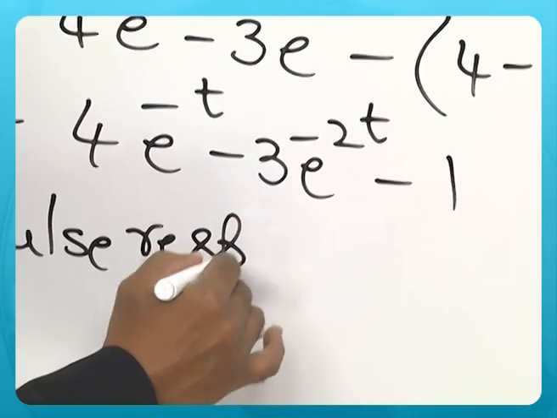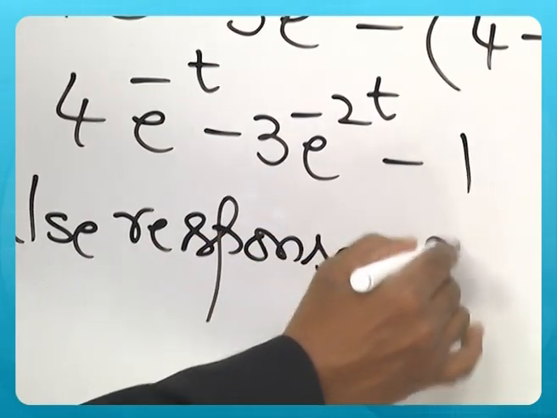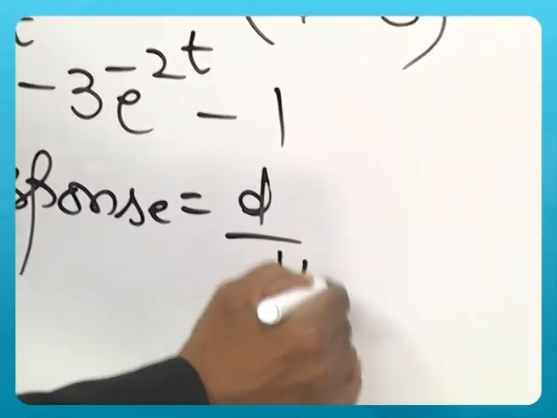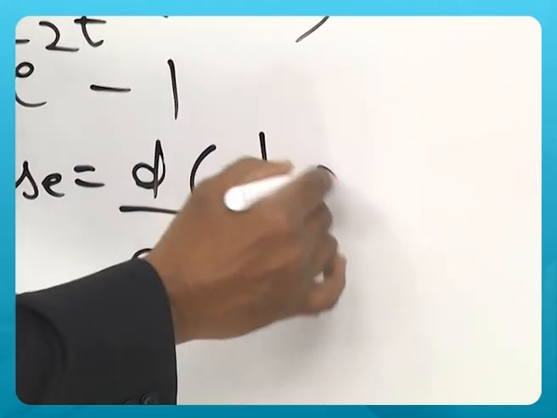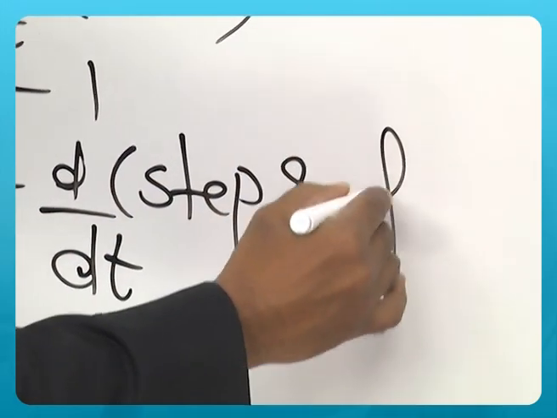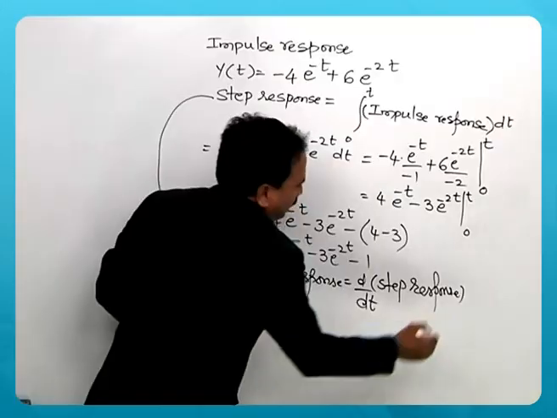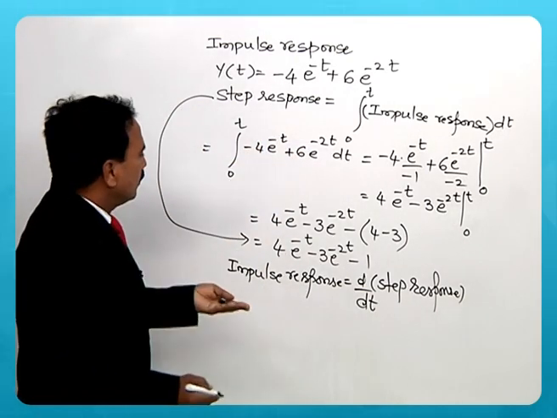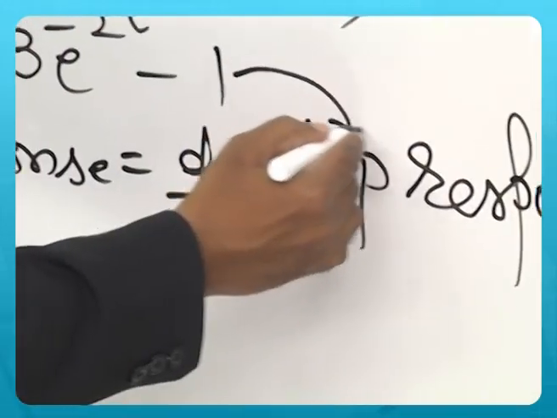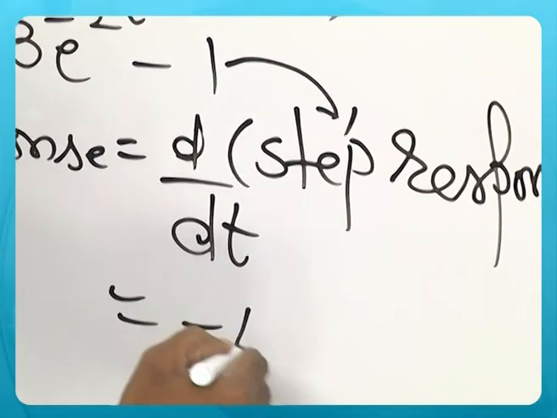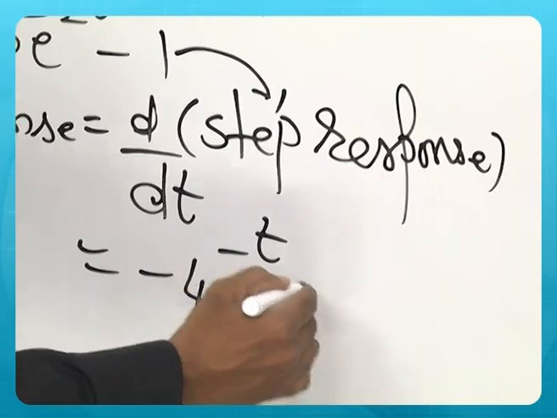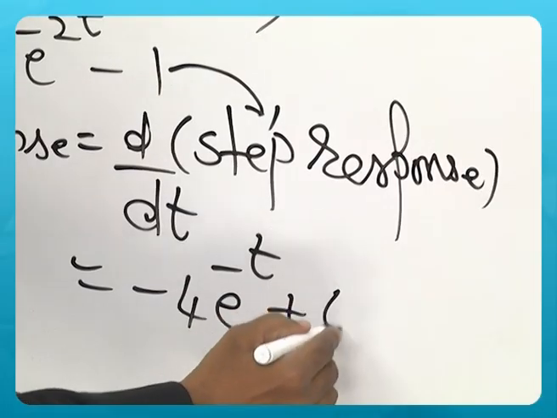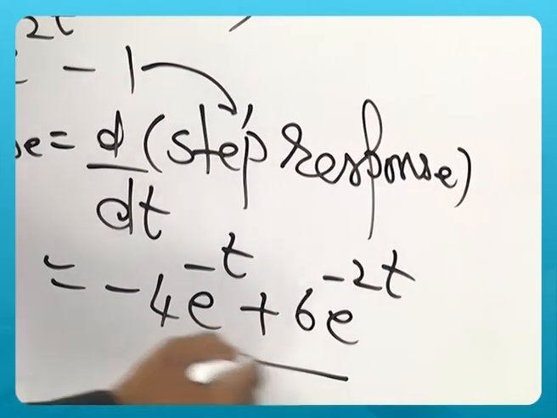So the impulse response is d by dt of the step response, in a reverse way. So if you substitute this and differentiate, you will get minus 4 e power minus t plus 6 e power minus 2t.